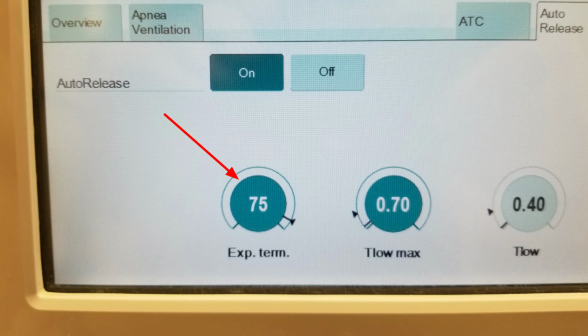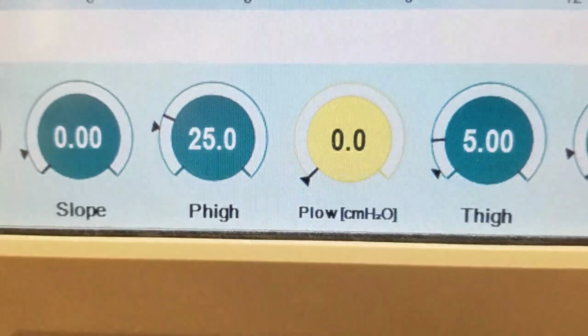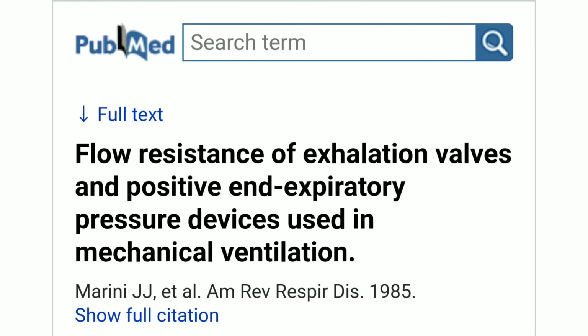So you don't always have to worry and go back and redo the calculations in case the flow ramp and the steepness is changing. That's what's great about it. Since you're able to use the auto release option, that is kind of a safeguard, you don't have to set anything on the P low, and that will remove that small amount of resistance that the PEEP valve would cause. If you even added one, you'd engage that.